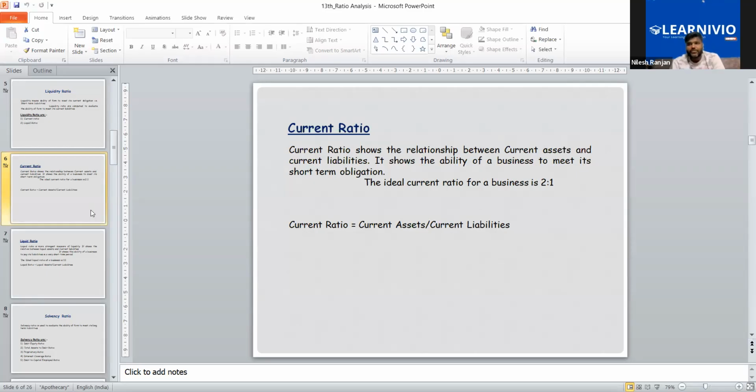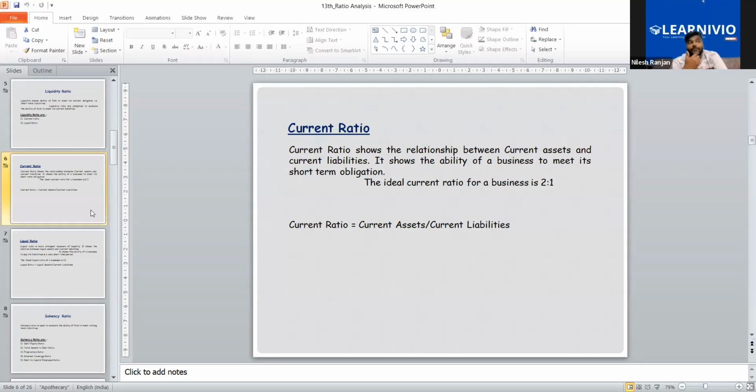Also, there is one more item, prepaid expenses. Prepaid expenses means that you have paid in advance for some expenses. Let's say there is a laborer working for you and you have paid money in advance so that he will work for you in future. Whenever you pay money in advance, the purpose is that they will work for you. So you cannot ask them to refund the money whenever you need. You can ask them to work faster and complete the work on time, but not ask for your money back.